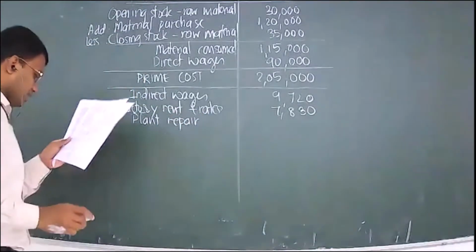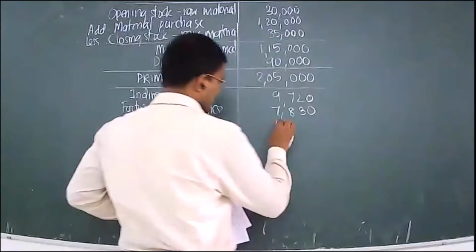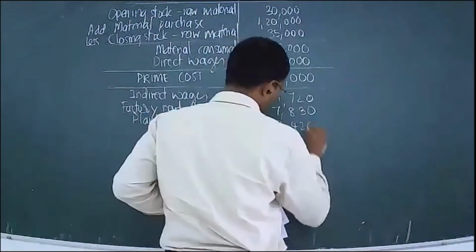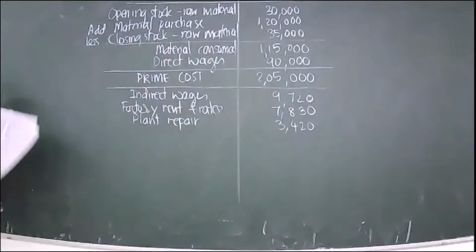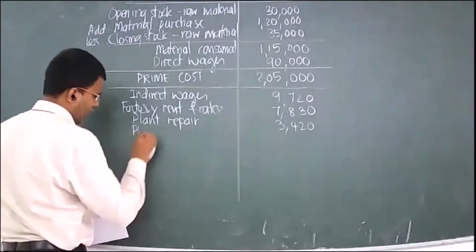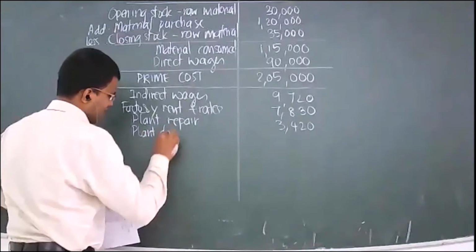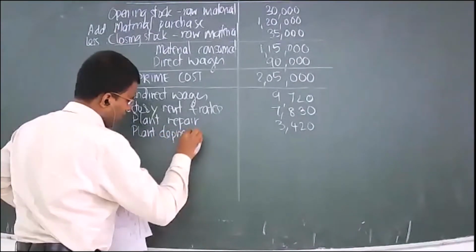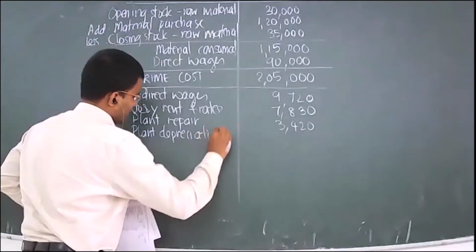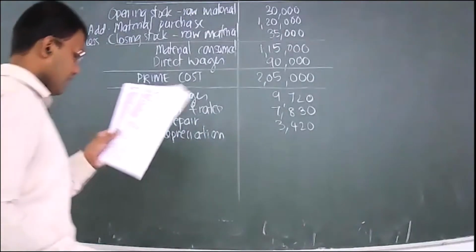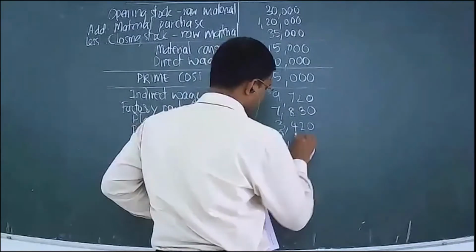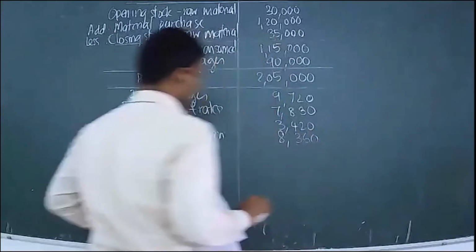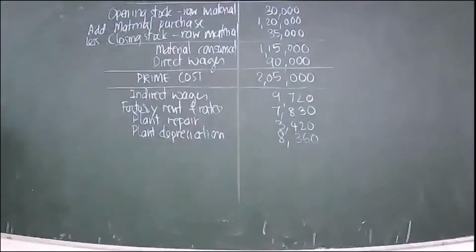Plant repair is 3,420. Then we have plant depreciation. Plant depreciation is 8,360.